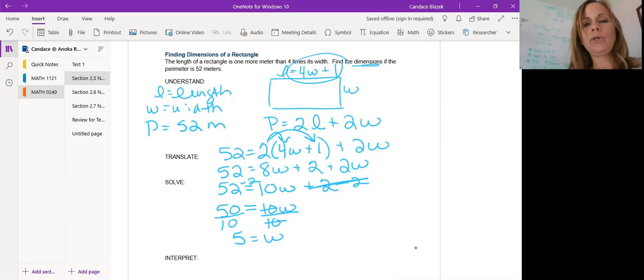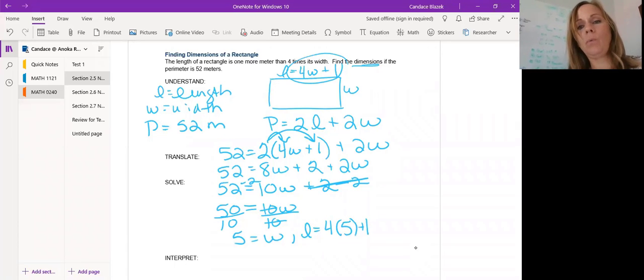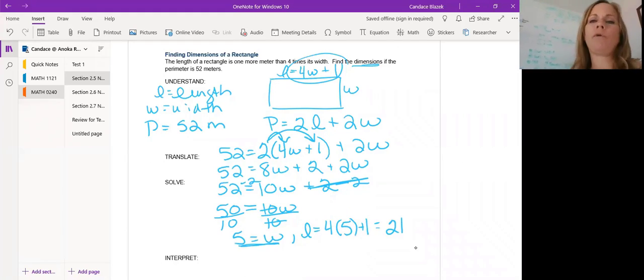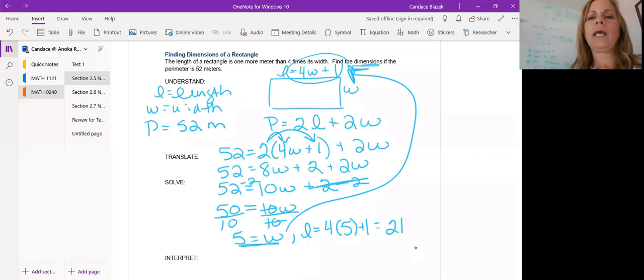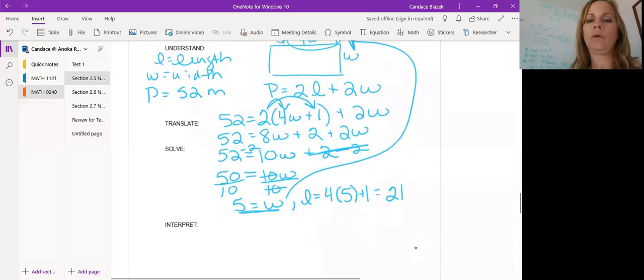All right, now if W is equal to 5, I know that length is equal to 4 times W plus 1, or 4 times 5 plus 1, and my length will be 21. So remember, when you find the value for one variable, we need to take that and plug it in so that we can find the value of the other variable.